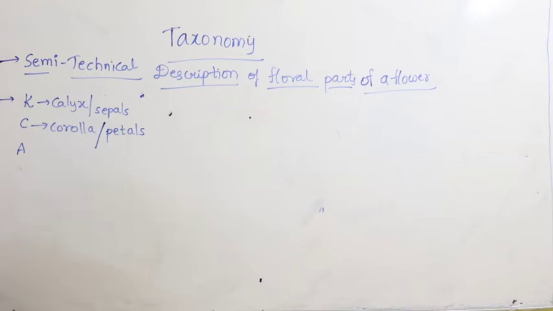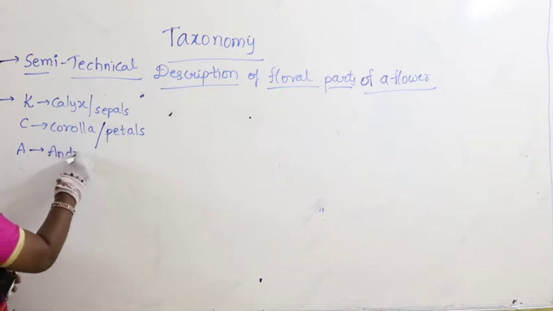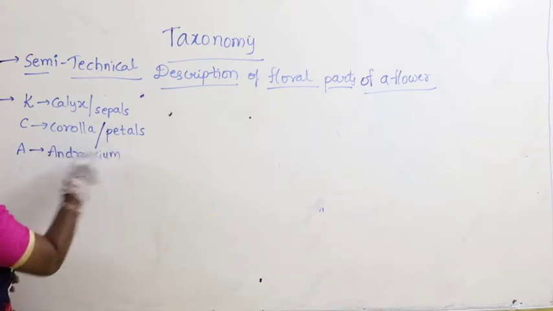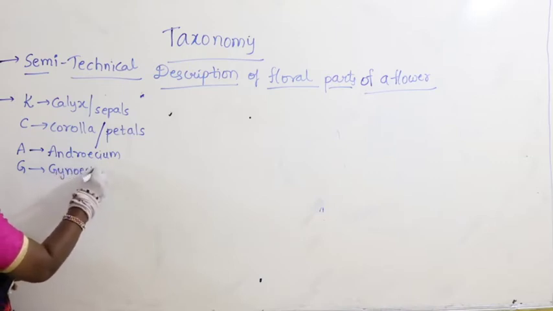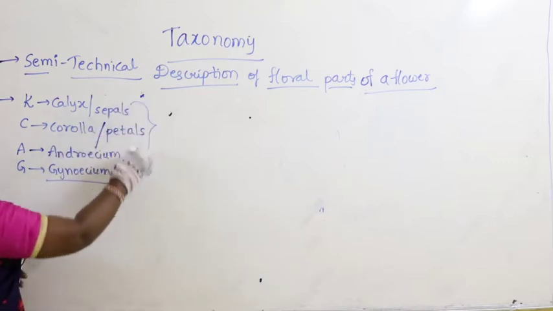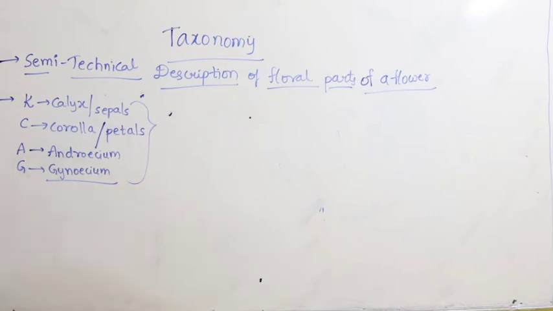So we have discussed the symbolic representation, but out of all the floral parts, here A is for androecium and G is for gynoecium. So these are nothing but main floral parts, right?